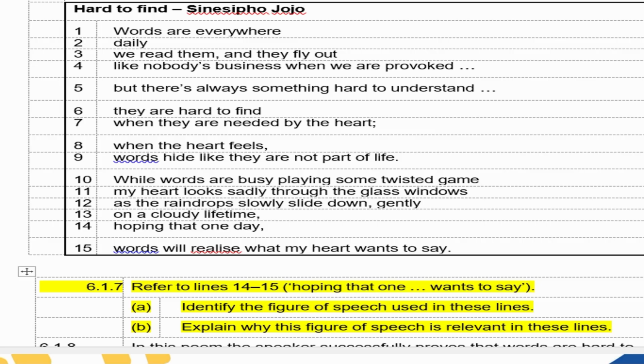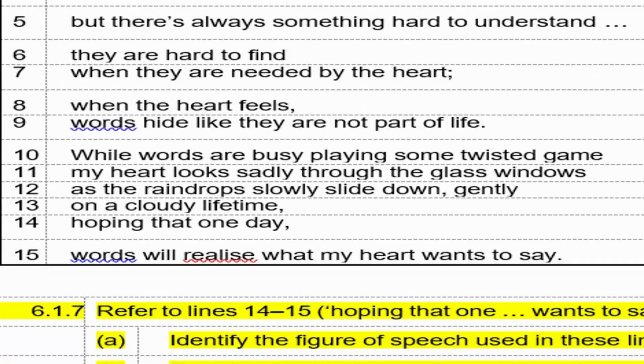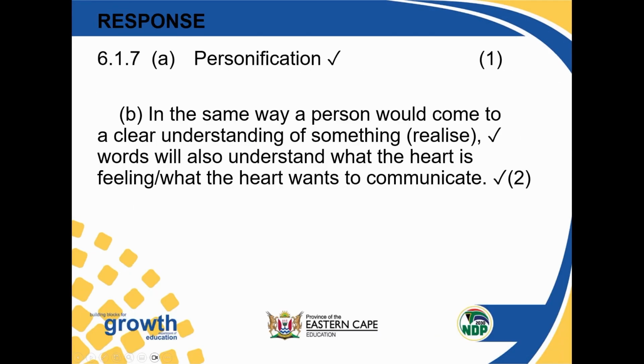Now let's go to the lines. It's 14 to 15. Hoping that one day words will realize what my heart wants to say. So you are then asked to identify the figure of speech.